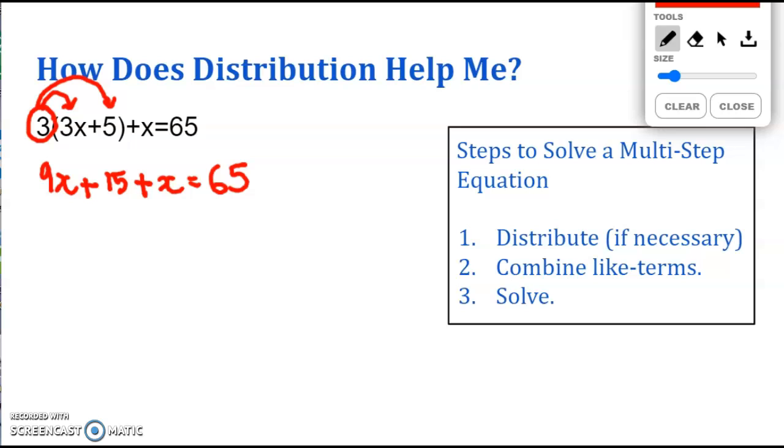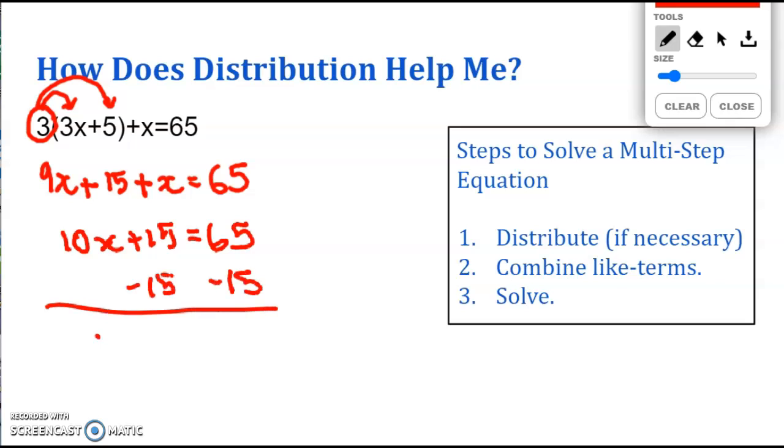Whenever you see a distribution that is necessary, you need to do that first, and then you need to combine like terms. I see that 9x here and x here, so we have 10x plus 15 is equal to 65. So we need to subtract 15 from both sides, and then you get 10x is equal to 50, and then you need to divide both sides by 10, and you get x is equal to 5.